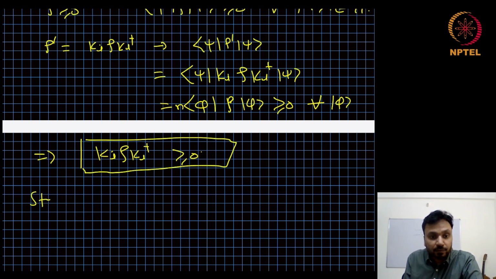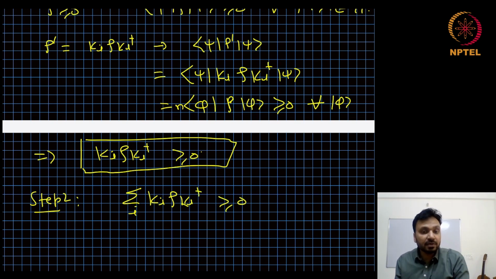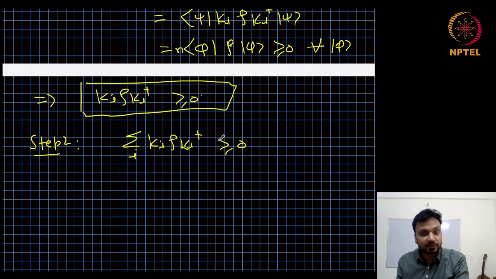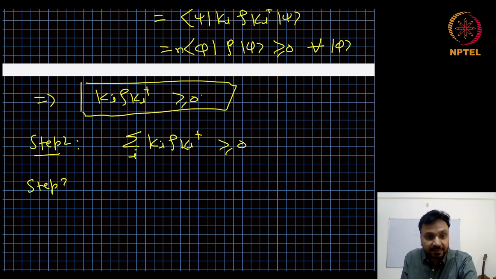Now step 2. Sum over i of K_i rho K_i dagger is positive. Of course, a sum of positive operators is also a positive operator, so there's nothing to prove here. Step 3.